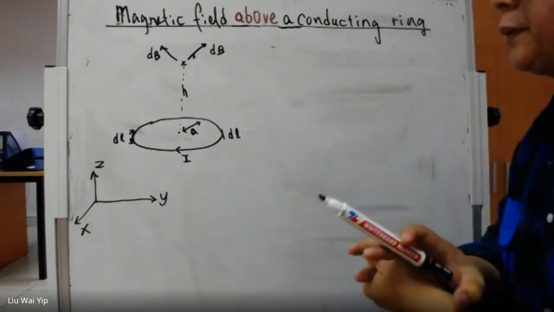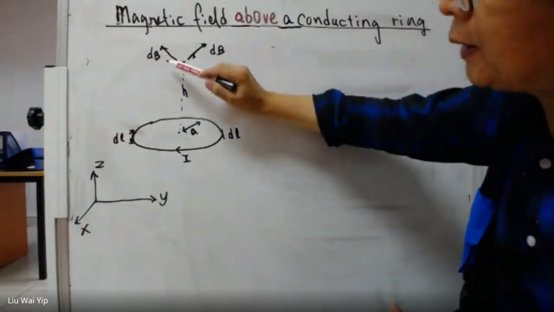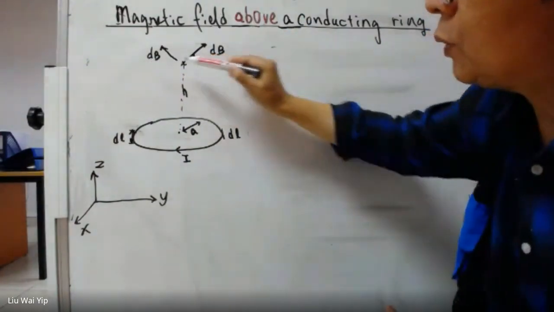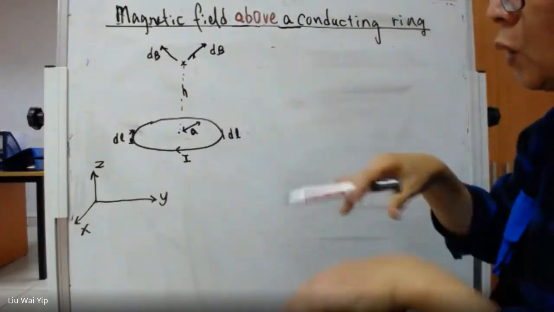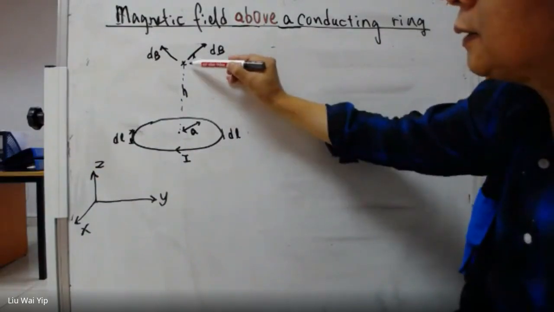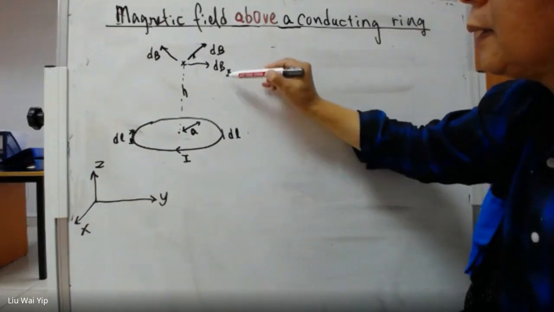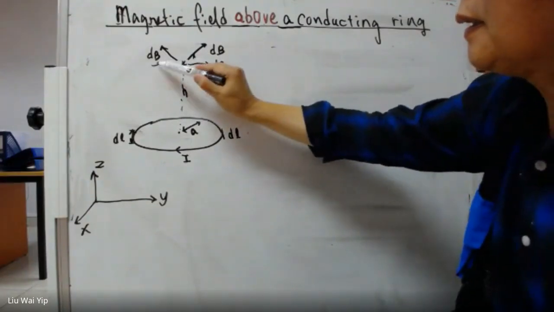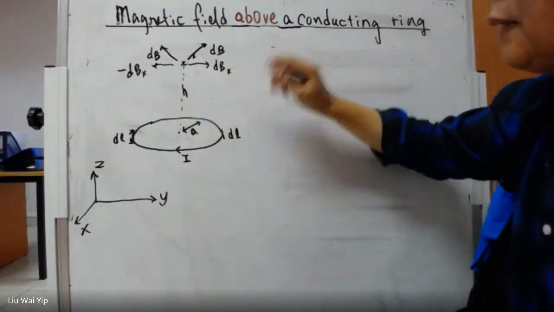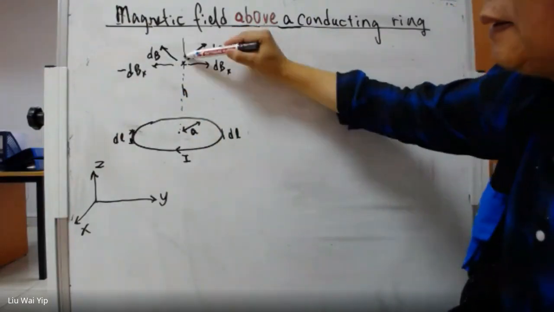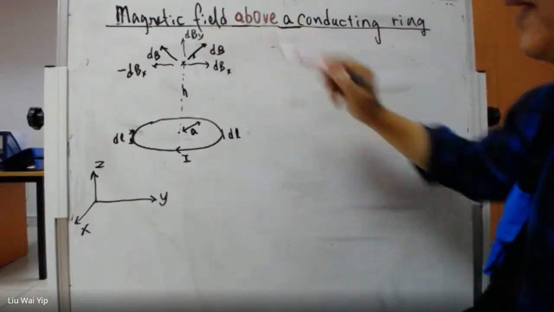At the end of the analysis, you should expect the horizontal contributions of these delta magnetic fields to cancel each other off. There shouldn't be any dBx, minus dBx, and at the end you only end up with dBy.